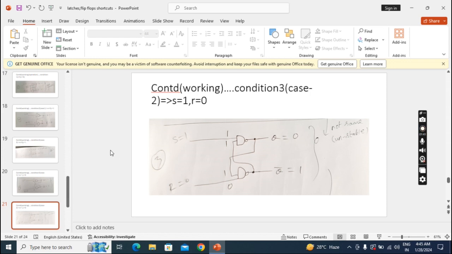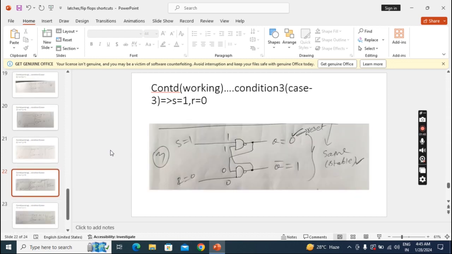Okay. So now case 3, again in case 3 also I will maintain same S1, R0. I feedback previous case output. So now I am getting both are 1, so output 0. Both are zeros, output 1.